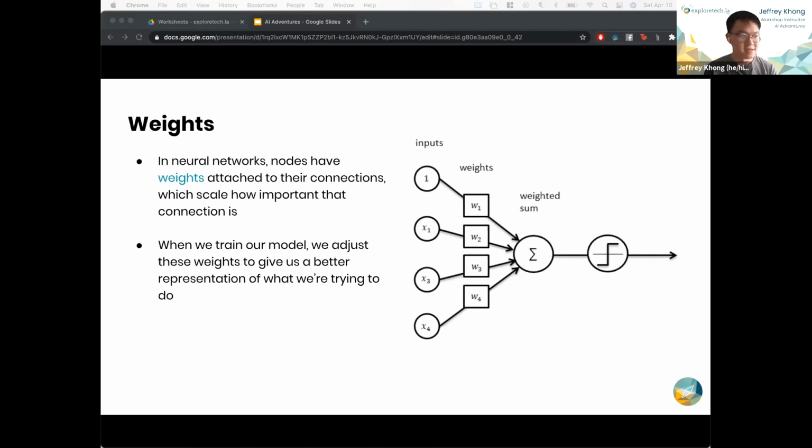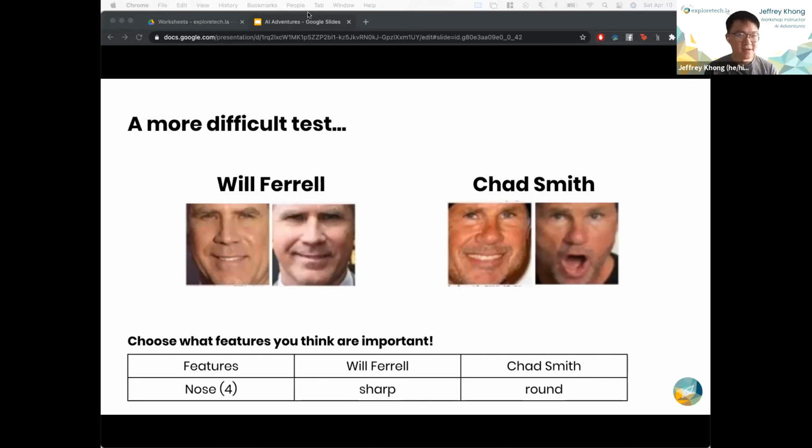And so we used to have a second activity where we go into a more difficult recognition task, but unfortunately we don't have time for that. So I recommend that you guys check the slides and video, because it's an activity where we do the same concept. They have weights attached to them.